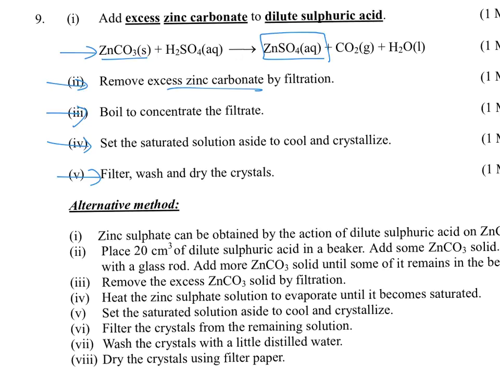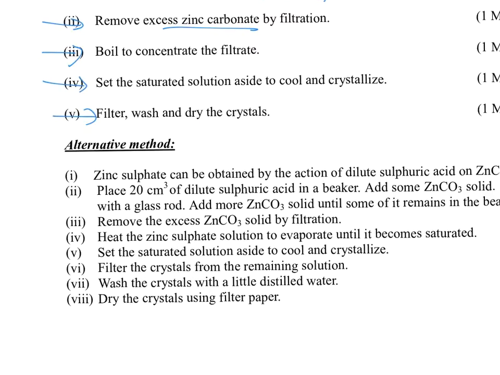And one past paper in DSE has this kind of question. But prepare, I forgot, it should be zinc nitrate, something like this. Another method, in fact, uses another presentation. It's exactly the same.